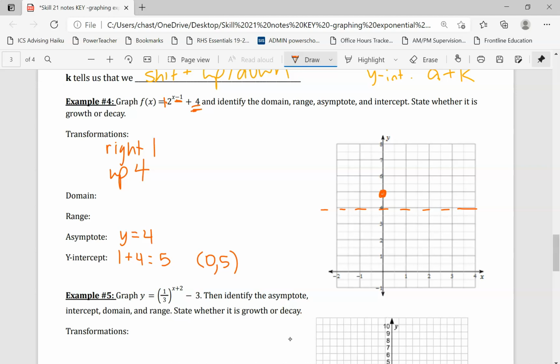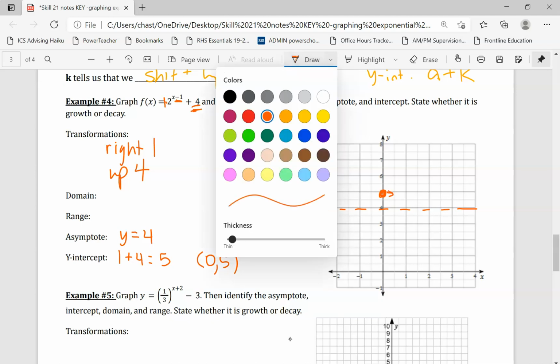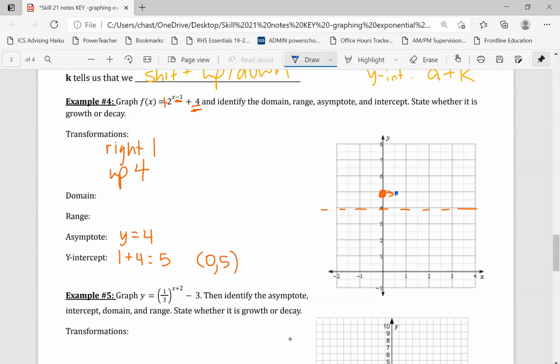Now, another thing I should have noted is that this function also has to shift right 1. So I identify my original y-intercept, and then what I'm going to do is shift it over 1. So when I do this finally, my graph will end up looking like this, okay? Something to this effect. And it's growth because of this 2. All right, so this is growth.